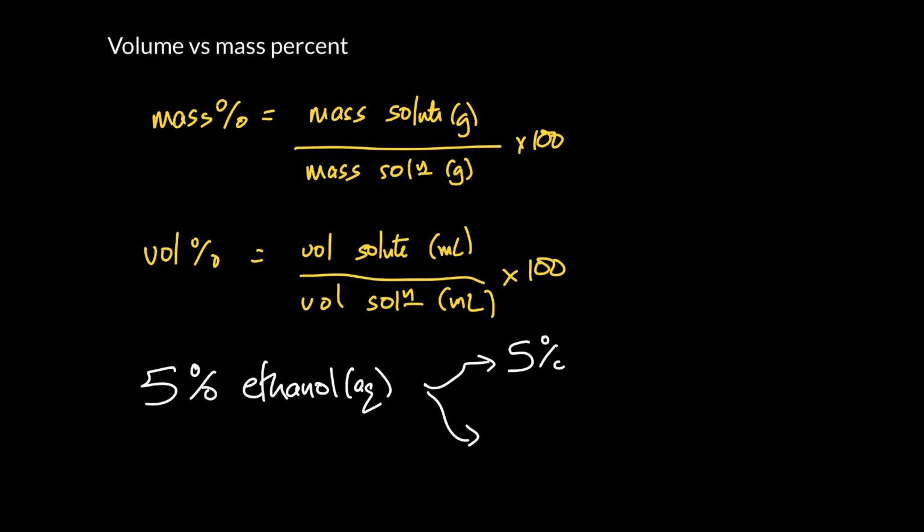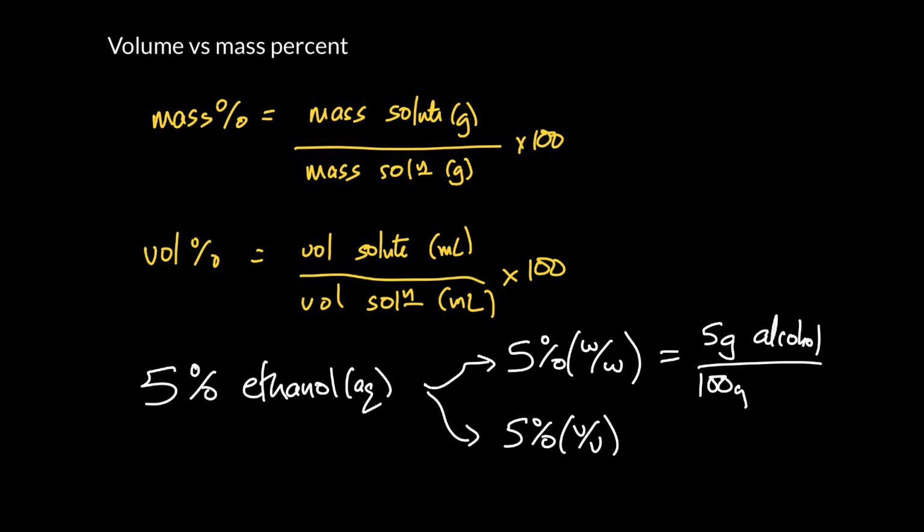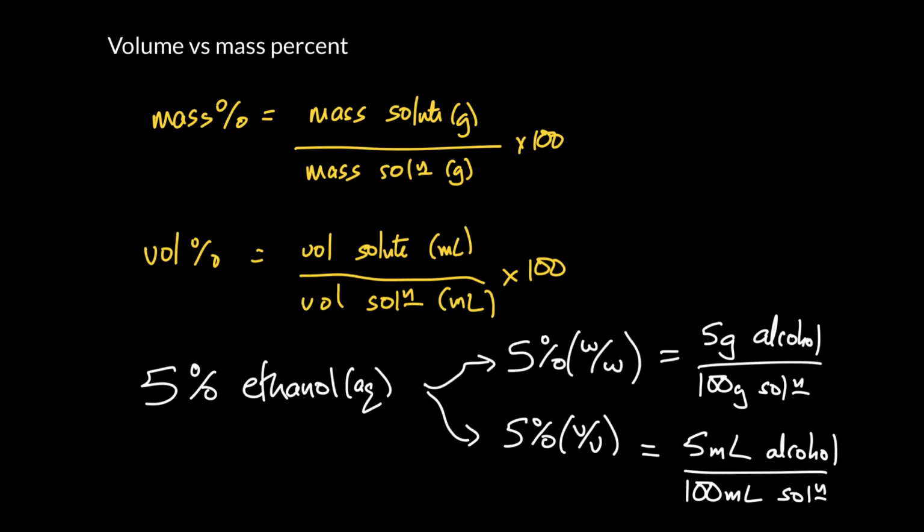Because there is a 5% by weight, and there is a 5% by volume. 5% by weight means you've got 5 grams of alcohol for every 100 grams of solution, whereas 5% by volume means you've got 5 milliliters of alcohol for every 100 milliliters of solution. And because every milliliter of alcohol only weighs about 0.8 of a gram, these differences are going to be quite significant for aqueous ethanol solutions.